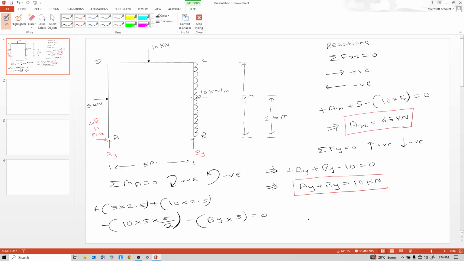equal to 0. So this By equal to positive 5 into 2.5, positive 10 into 2.5 minus 10 into 5 into 5 by 2 and minus By into 5 equal to 0. So this By is minus 17.5 kilonewton.